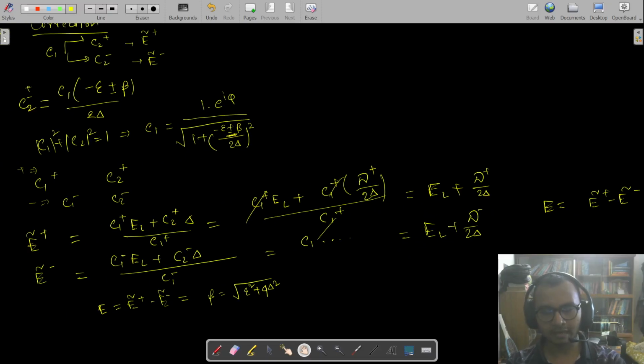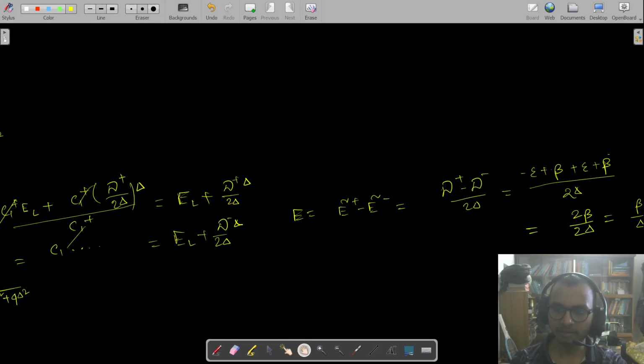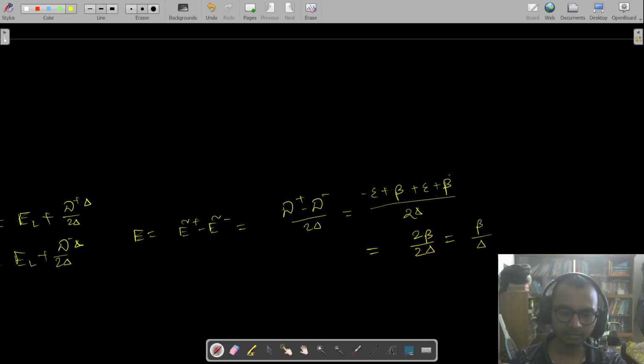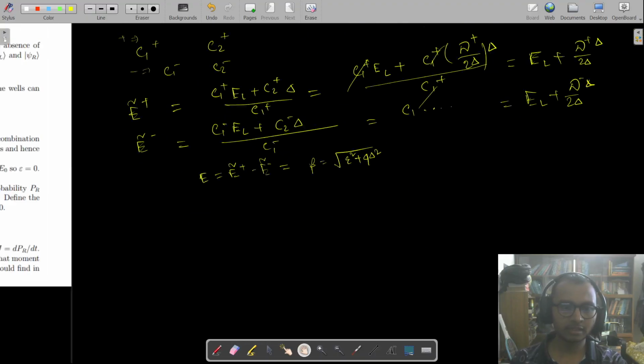Right, I have. Here you have a delta multiplied factor, delta here, delta here. Now what will happen is that delta goes away, so you have the same answer. Right, that was the correction.